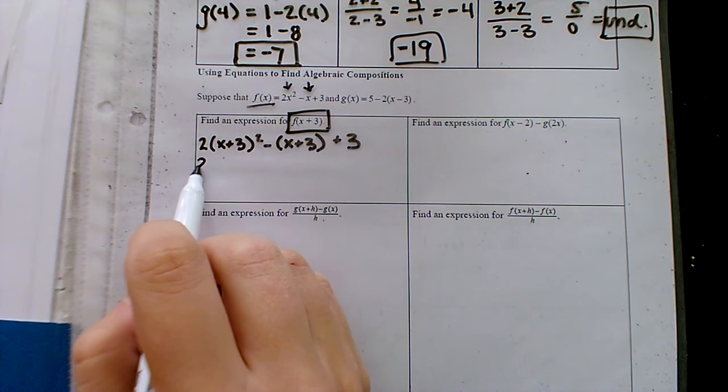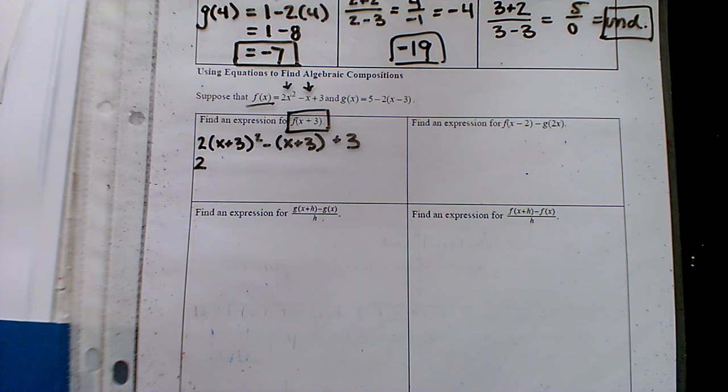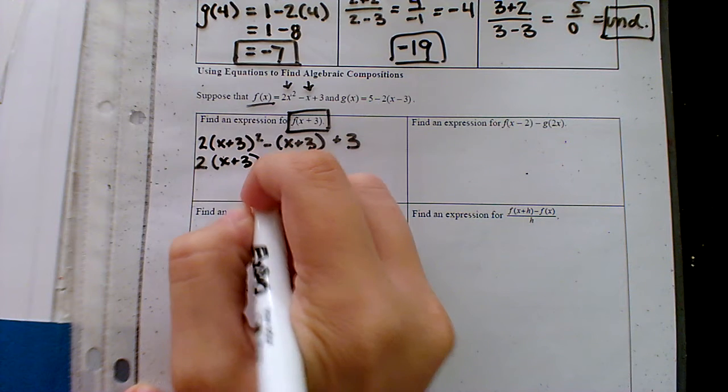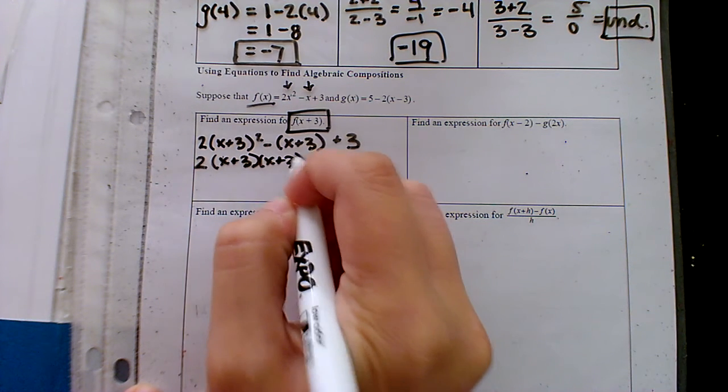This power of 2 means what? What can we do with that power of 2? How can you figure out x plus 3 squared? Go ahead, Hadley. Multiply it by itself. Yep, write it twice.